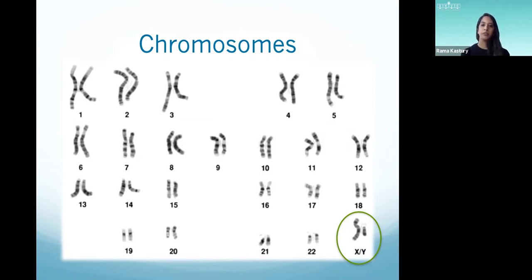So we will start with a broad view of our genetic material. This is just a picture of our chromosomes. We have 23 pairs of chromosomes in every cell in our body. They are numbered from chromosome 1 to chromosome 22, and this 23rd pair of chromosomes is our sex chromosomes.